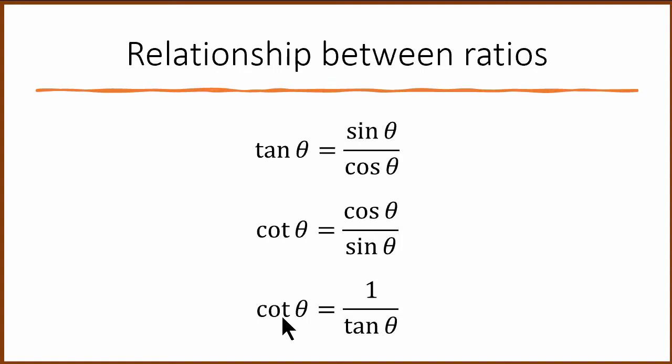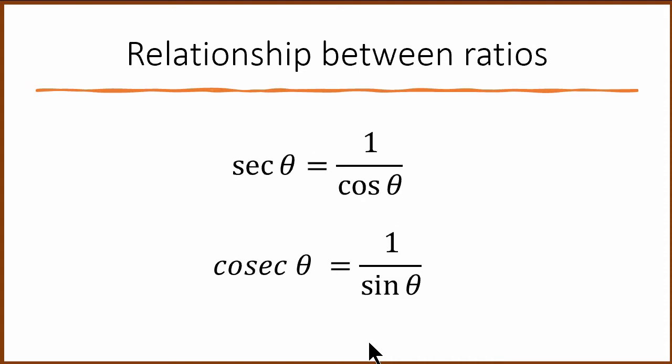In other words, cot theta can also be written as 1 divided by tan theta. These relationships are quite useful in solving many identity related problems. There will be many problems which ask prove this, prove that, and even 1 mark, 2 mark questions which need these relationships. So these are quite useful.